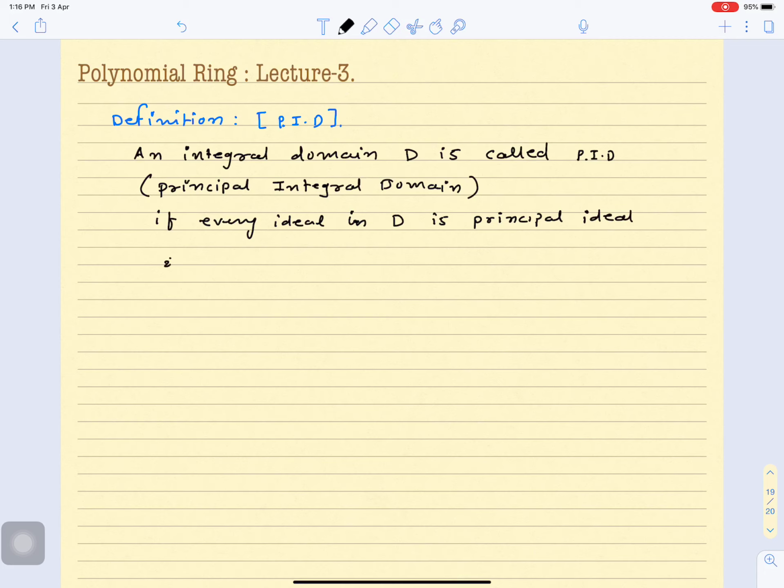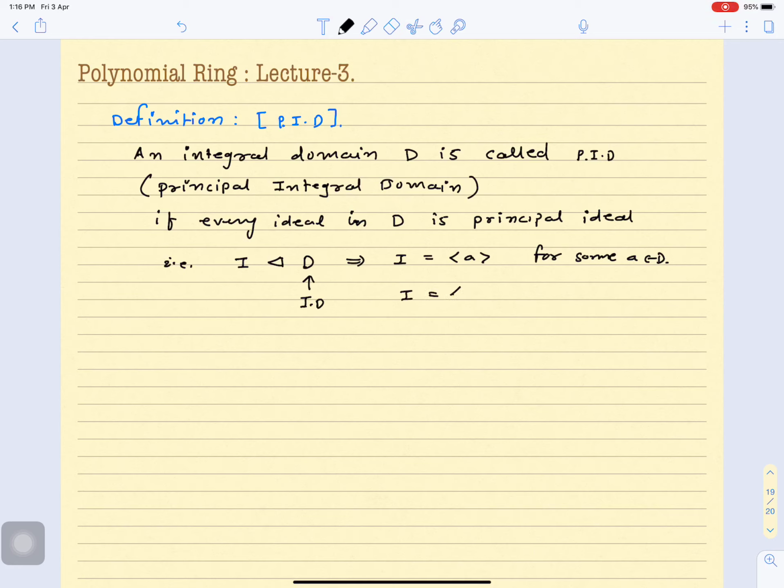That is, if I is any ideal in D, and D is an integral domain, implies I is a principal ideal, meaning I is generated by some element a for some a belongs to D. Let us recall the definition of this also.